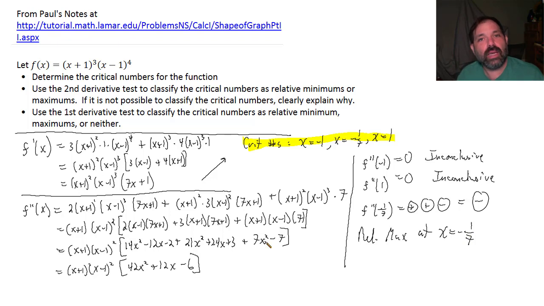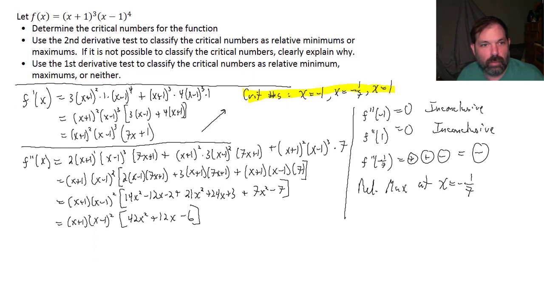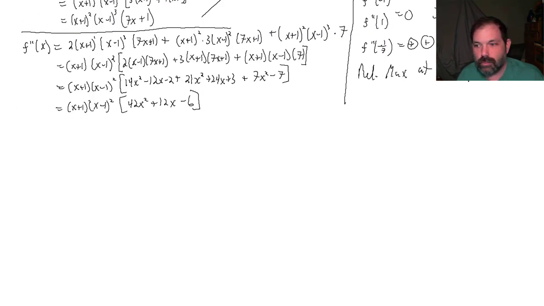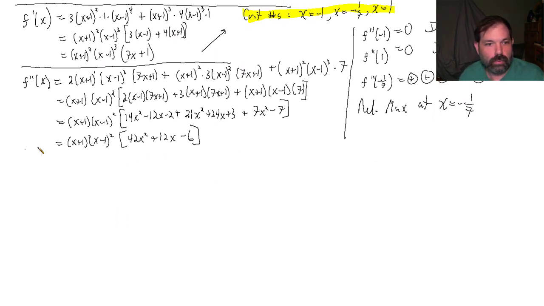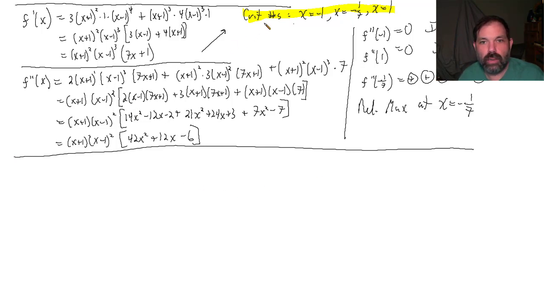All right, so now let's complete the exercise. Let's use the first derivative test to classify the critical numbers. So let me get a little bit more room here. My critical numbers were at -1, -1/7, and 1. So here's my number line, applying the first derivative test. Here's -1, here's -1/7, and here's +1.